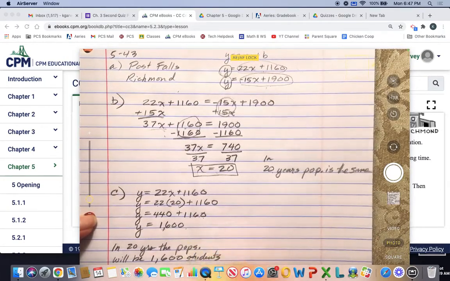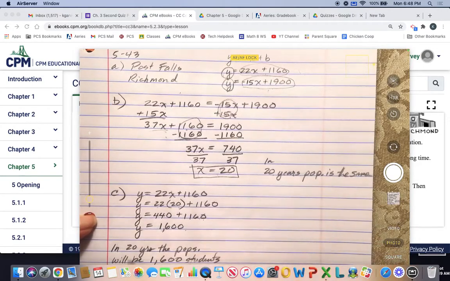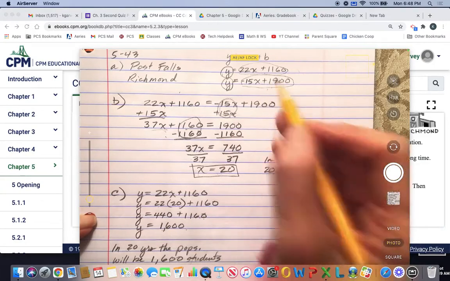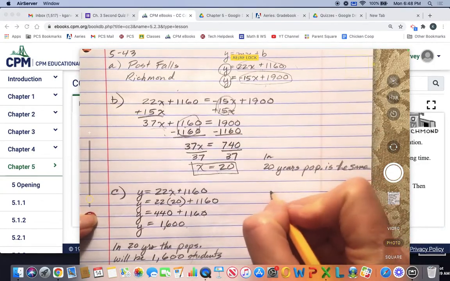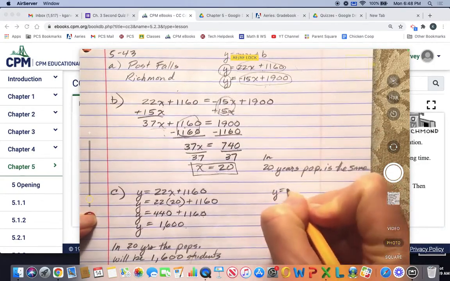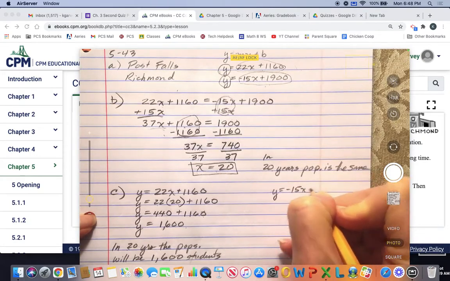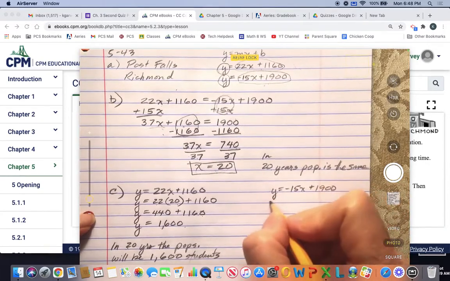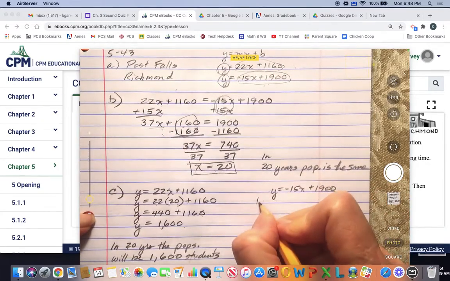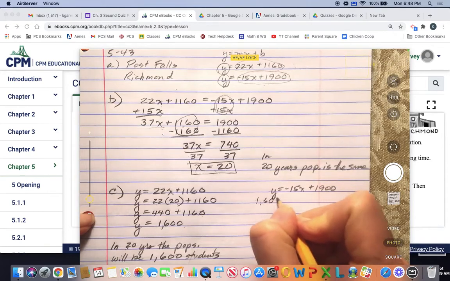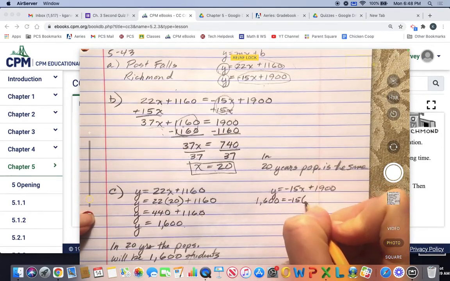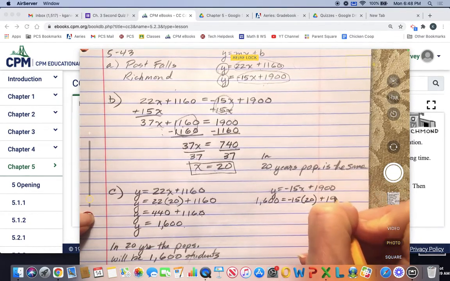Okay, and we can check that by taking both of these numbers and plugging them into the other equation. So the other equation is y equals negative 15x plus 1,900. And so if we make y 1,600, and then negative 15 times 20 plus 1,900.